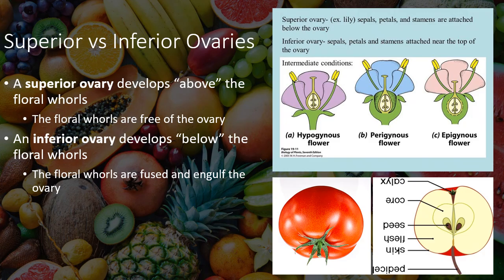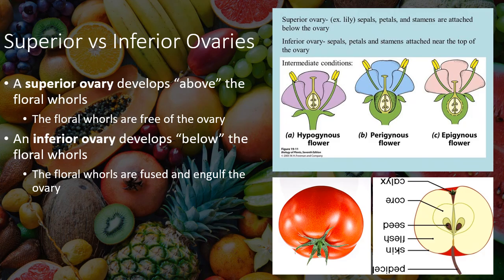What's really happening here is the tissues of these four floral whorls have actually grown over and around and engulfed the entire ovary, which means that the outer walls of the fruit are actually composed of these fused stamen, corolla, calyx, and receptacle tissues surrounding the fruit.